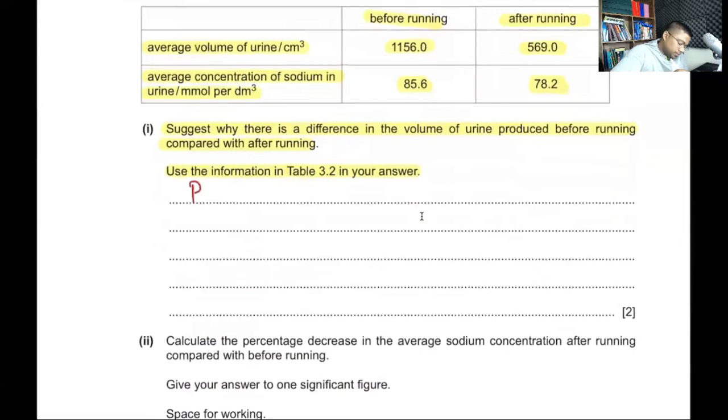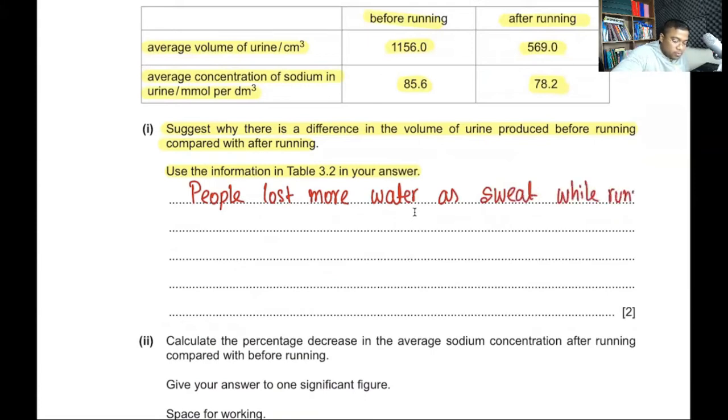So people lost more water as sweat while running, which explains why they have a smaller volume of urine.